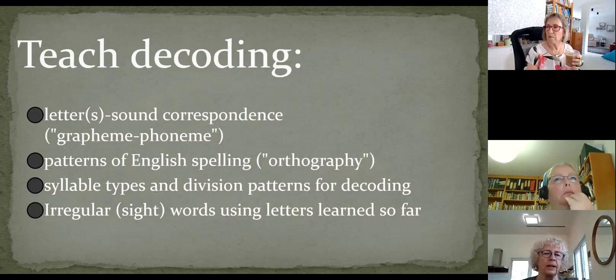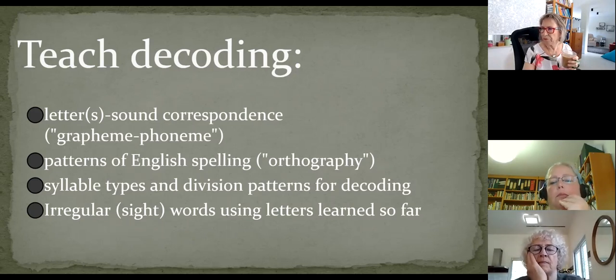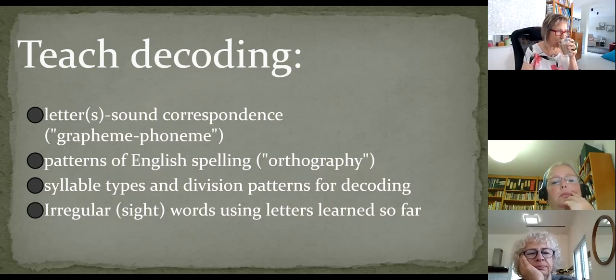These are things that my colleague Janina Kahn-Horowitz talks about a lot. For example, when do you double consonants at the end of a word? When do you use EI and when do you use IE, etc. So these are called orthography, and there's a document on the website that you can download with all the rules that we teach in this approach.